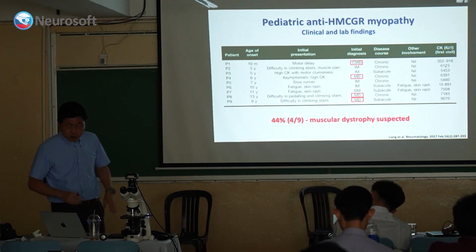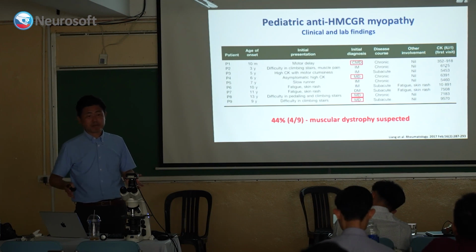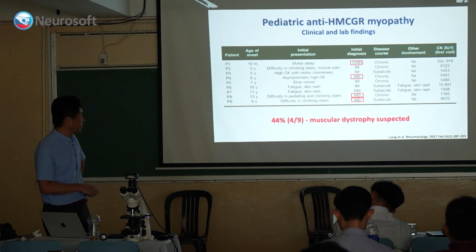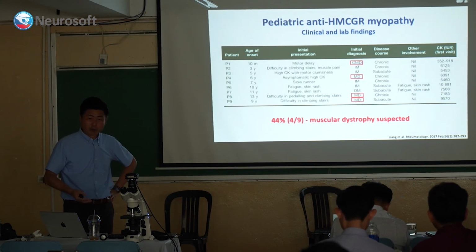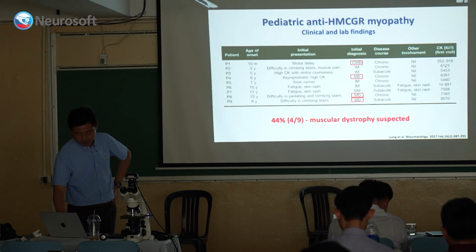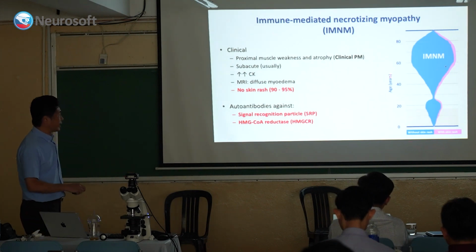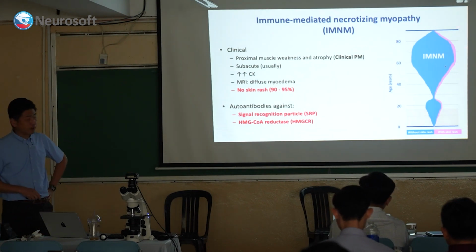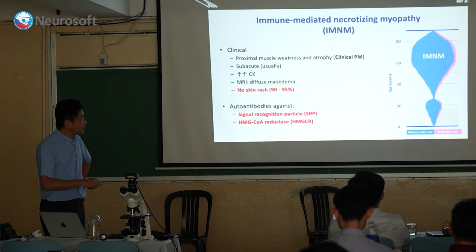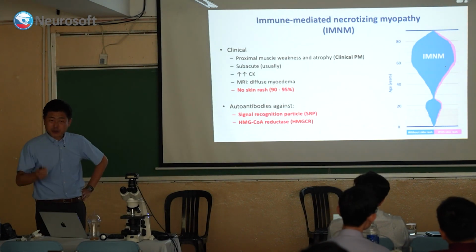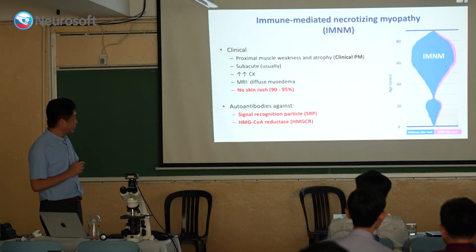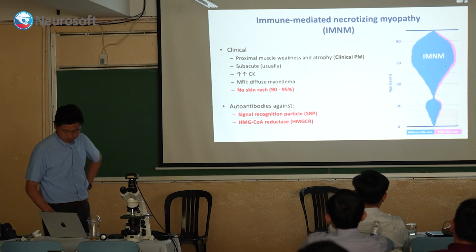So you shouldn't miss the diagnosis and delay the diagnosis. And almost all cases already have fibrosis, and the efficacy is already limited. So if you draw the same type of cartoon, rare, but you still have those with skin rash, right? So you have to be careful about it.